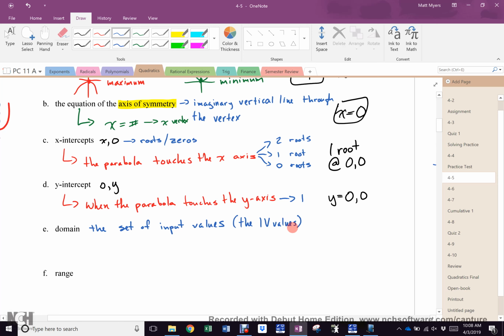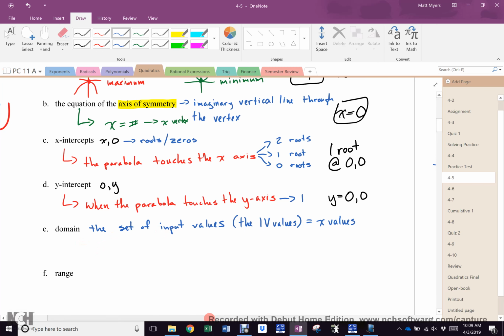In this class, because we're only talking about x's and y's right now, they are the x values. If we were doing a physics question, distance and time or height and time, then the domain would be time, because that's the independent variable. Everyone cool?